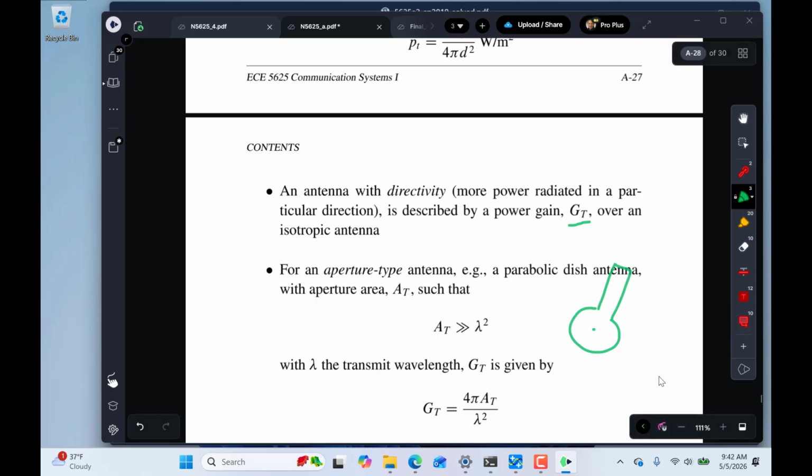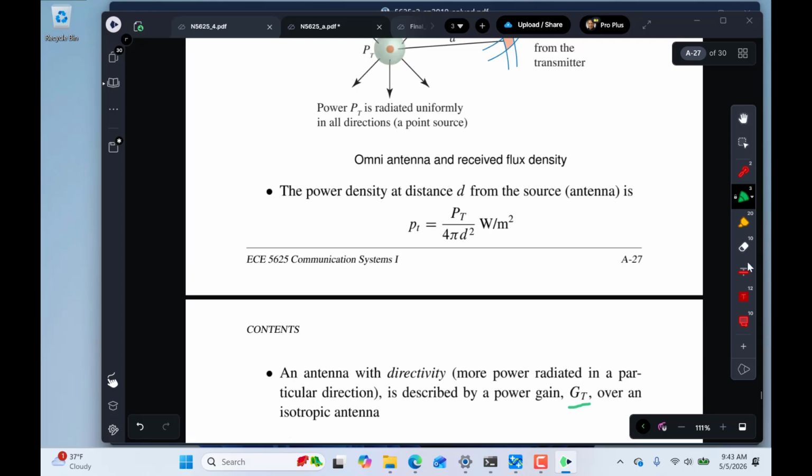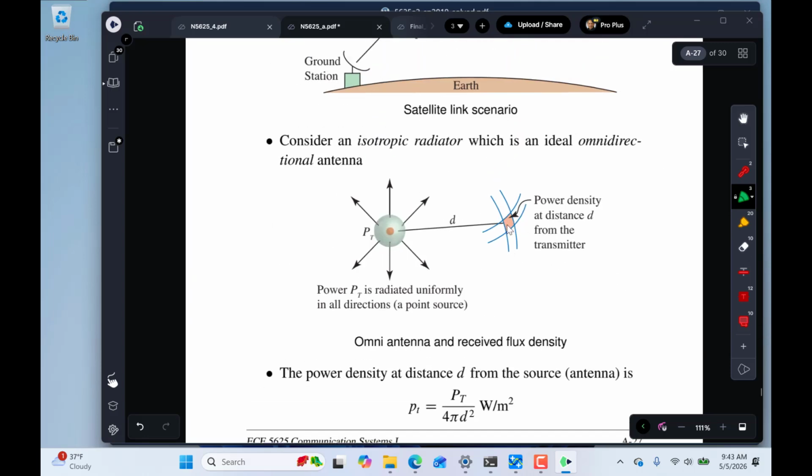This is just a result that I'm giving to you. And the aperture area is the concept that represents an area out in space, a distance away from the antenna, that corresponds to where it's radiating all its power through that aperture area.